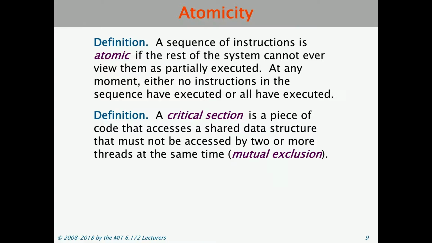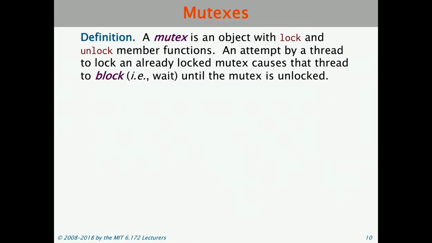The part of code that is within the atomic region is called the critical section, and typically a critical section of code is someplace that should not be executed by two things at the same time. So the standard solution to atomicity is to use what's called a mutex lock, or mutual exclusion lock.